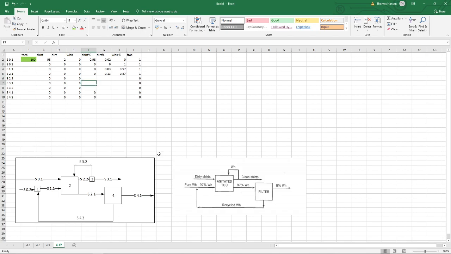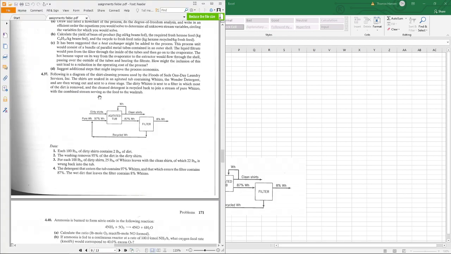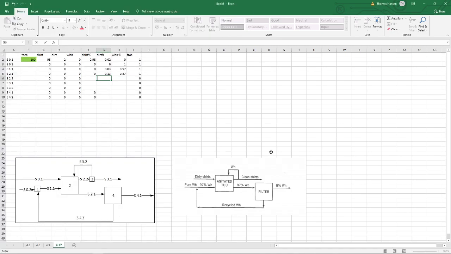That's it for now. Sometimes, in theory, they don't tell us that, so that's sort of an assumption I'm making. I don't believe it says so. I'm not going to waste time discussing it. In theory, they actually don't state that all of the shirts exit the clean shirt stream.